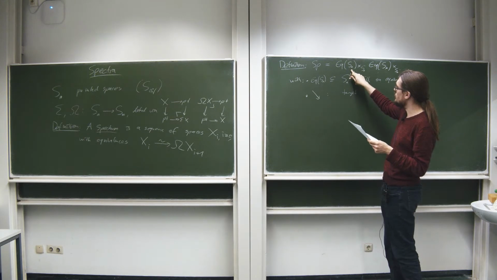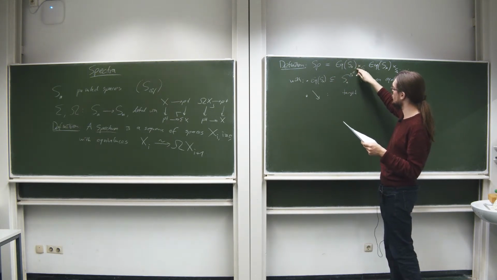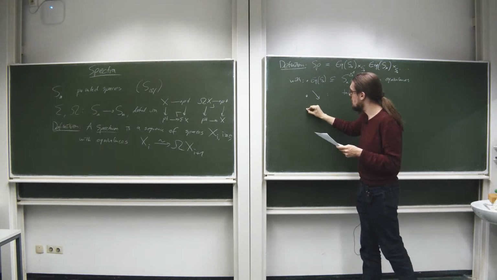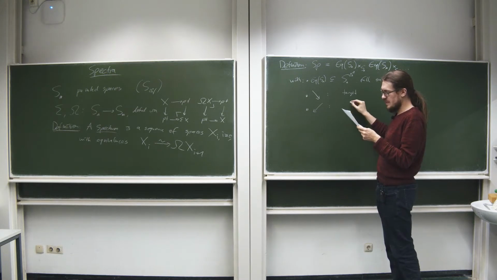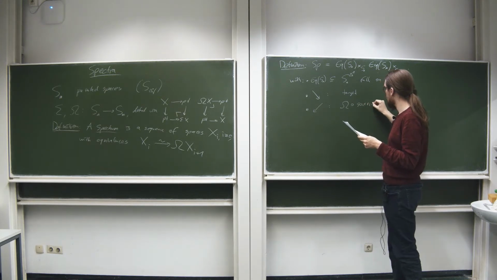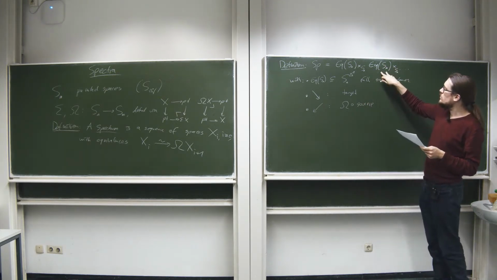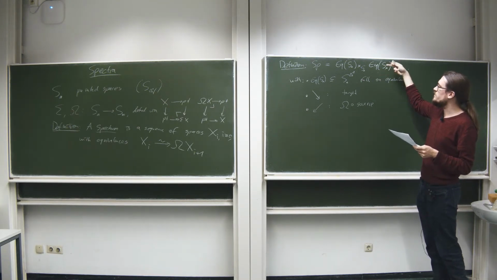If I have an arrow in here, I can just forget about everything except for the target object. That gives me an object in S_*. And these arrows are given by Ω after source. So those take such an equivalence to the loop space of its source.